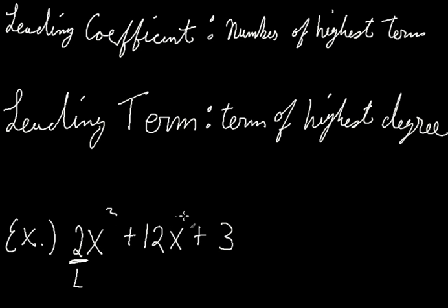Highest degree is indicated by the exponents. This is a 2. So this is the leading term, okay? So the leading coefficient is 2, and the leading term is 2x squared, okay? I'm not going to test you on these vocabulary words. I'm just trying to explain when I use them, what I'm talking about.